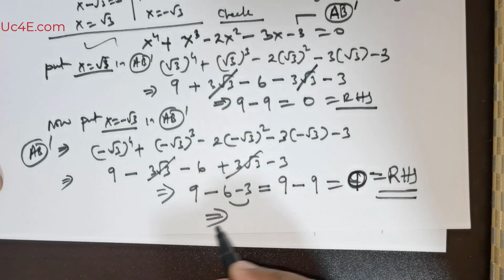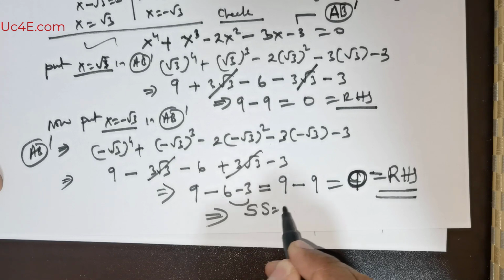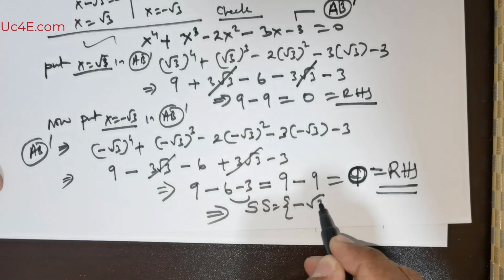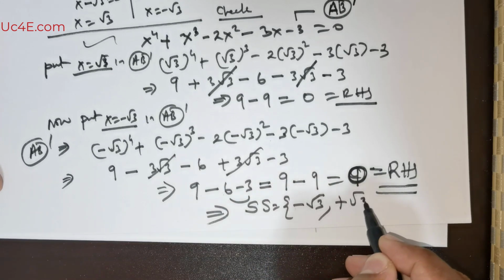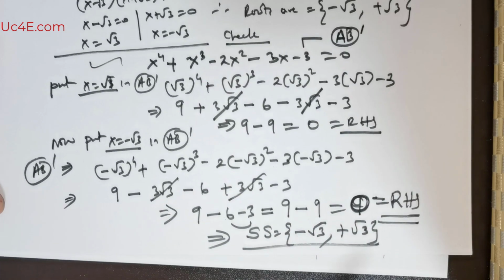So clearly the solution set is negative root 3 and positive root 3, and that is a good place for us to stop.